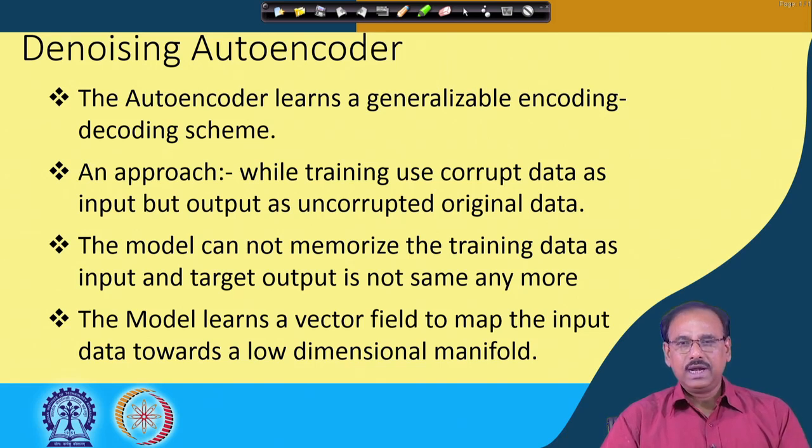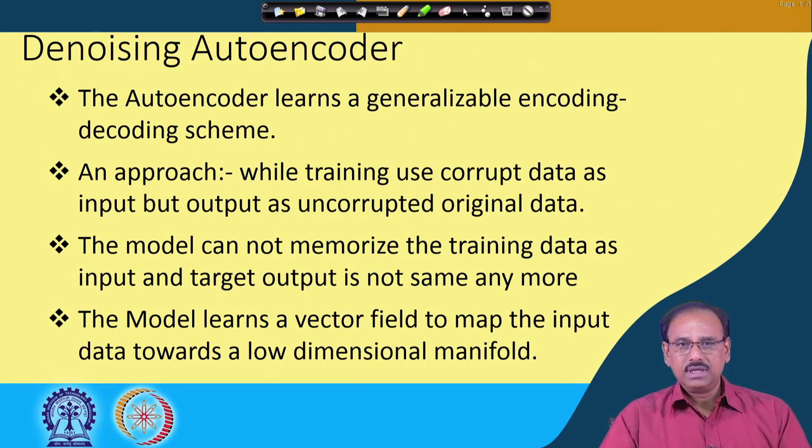So, for training purposes, because you are feeding input data which is a perturbed or noisy one, whereas I want the output to be the original training data, now there is a difference between input and output. The input is perturbed or noisy data, the output is original data.